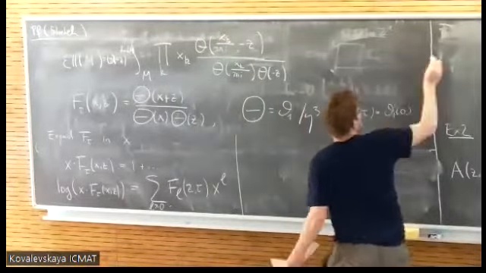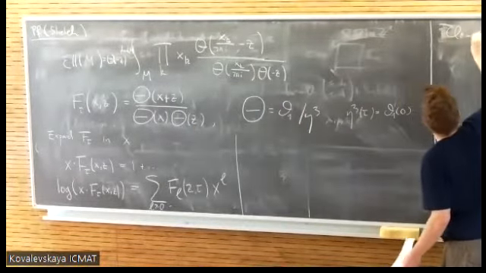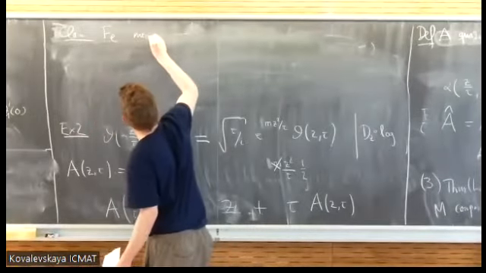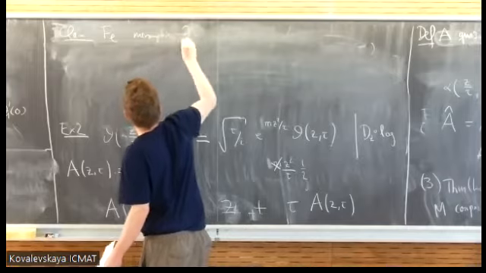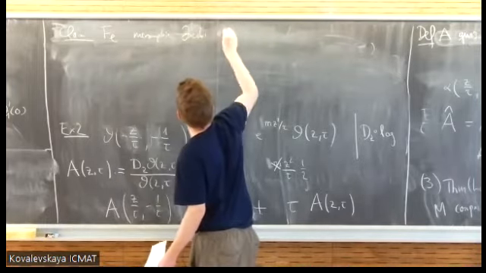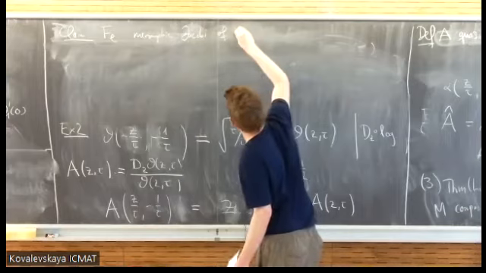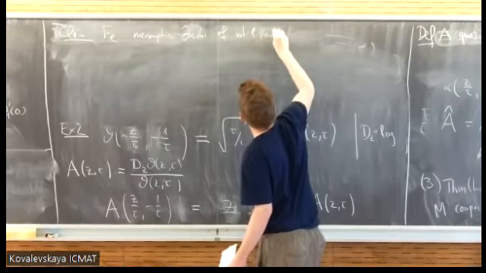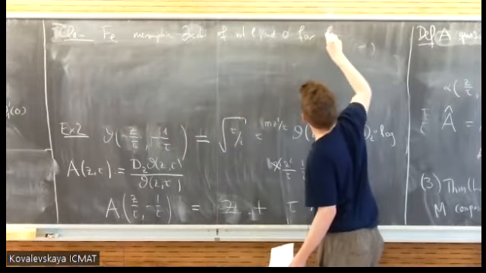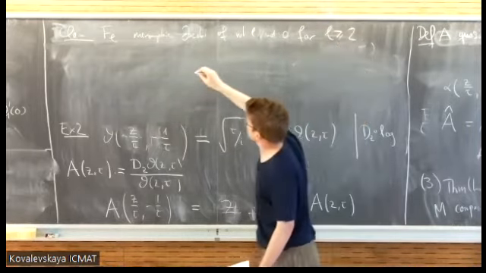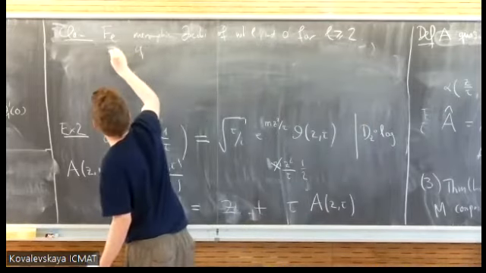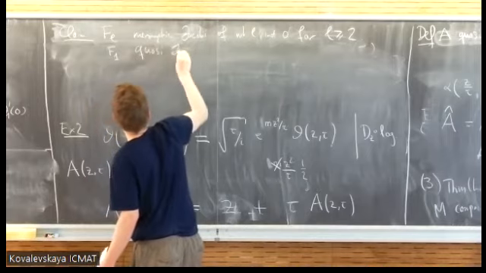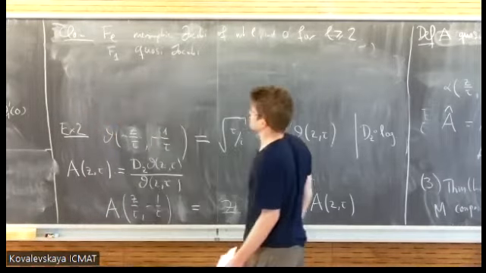And now the claim is that F_l is a meromorphic Jacobi form of index 0 for l bigger or equal to 2, and for l equal to 1 it is a quasi-Jacobi form, of the same weight as the example.